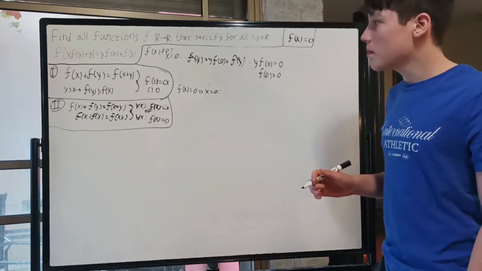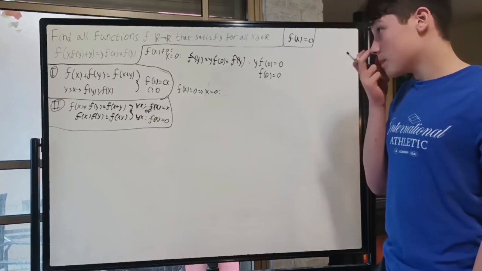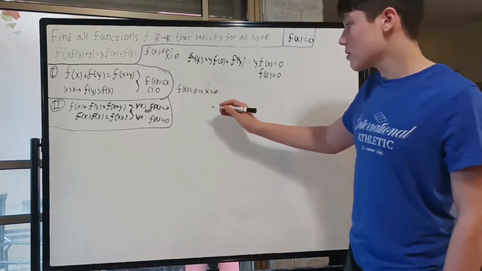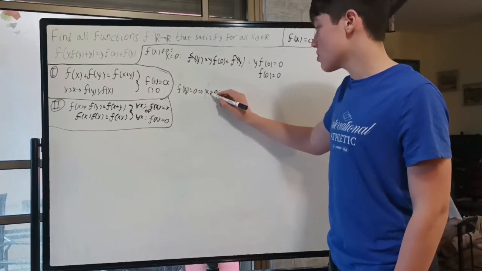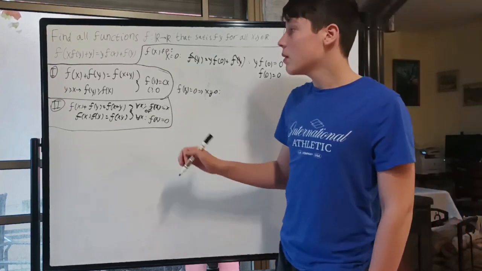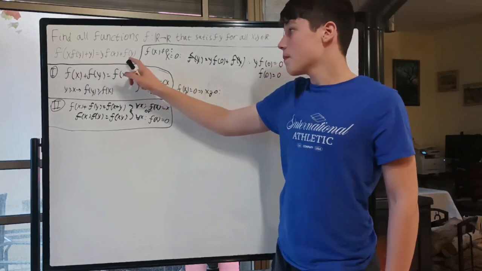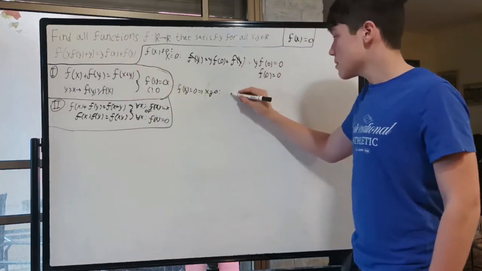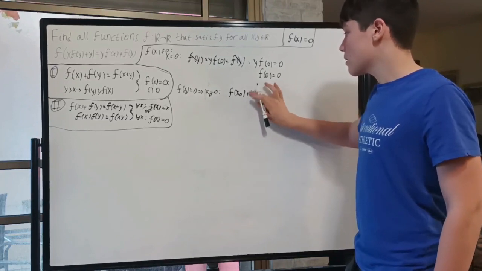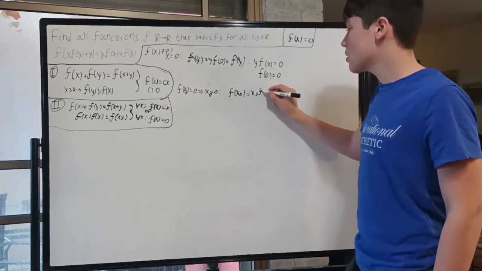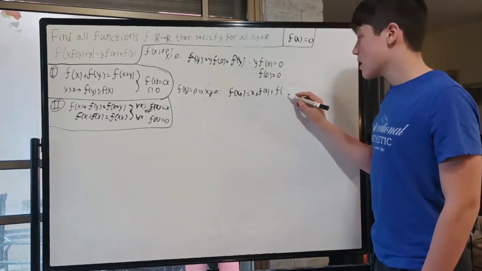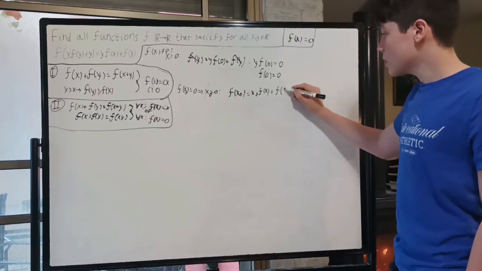So now let's prove this. If this is true, let's plug in y as that value x. Let's call it x0, just so we don't get confused. So let's set y to be x0, and we get f of x0 times x f of x, equal to x f of x0 times f of x, plus f of x0.